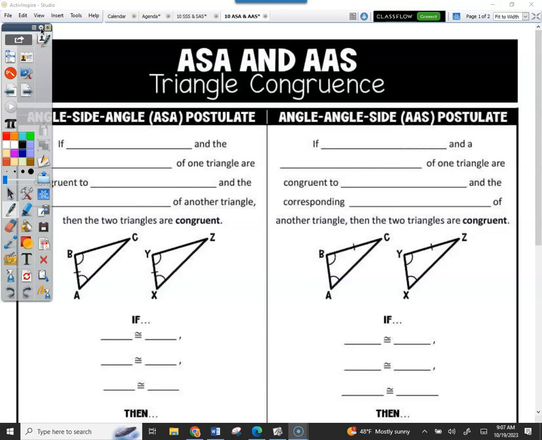Okay. You will notice there is a single word that we have not said that would be considered a bad word, right? Y'all know what I'm saying? You will notice that we've covered side, side, side, side, angle, side.